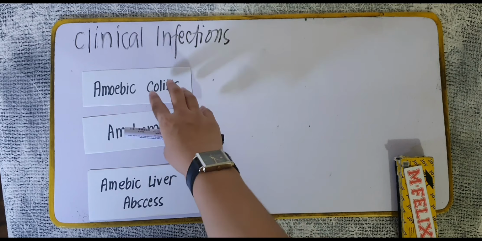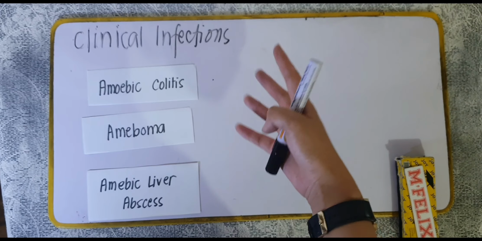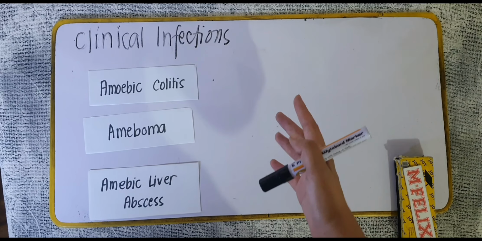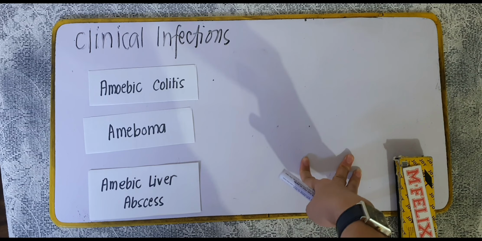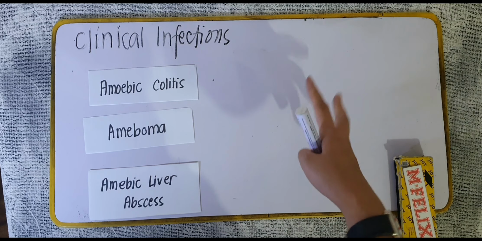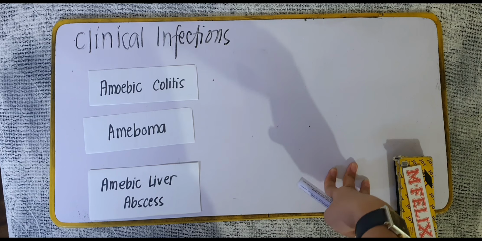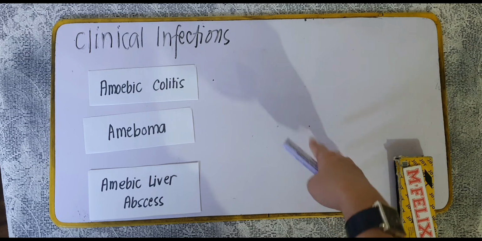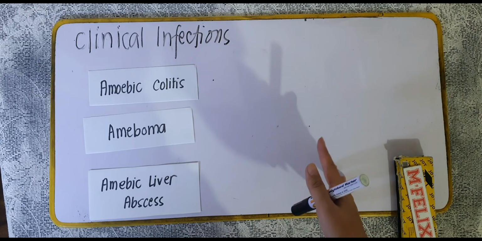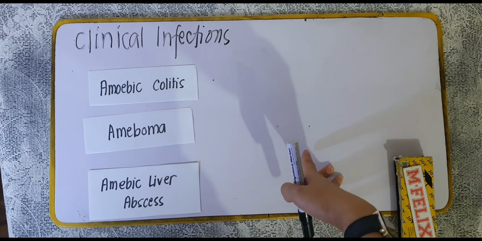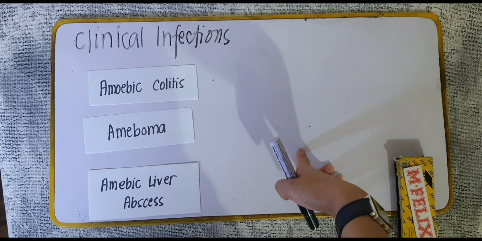Your amoebic colitis, class, clinically presents as gradual onset of abdominal pain and diarrhea with or without blood and mucus in the stool. But in most common cases, amoebiasis is a bloody diarrhea.